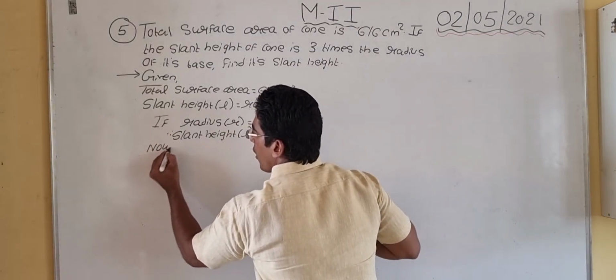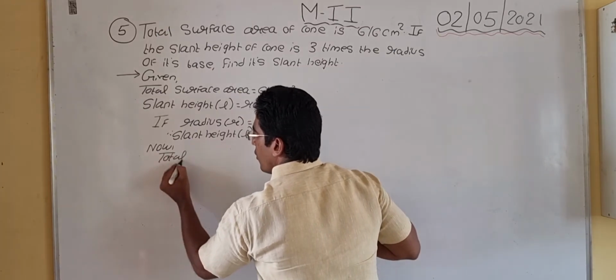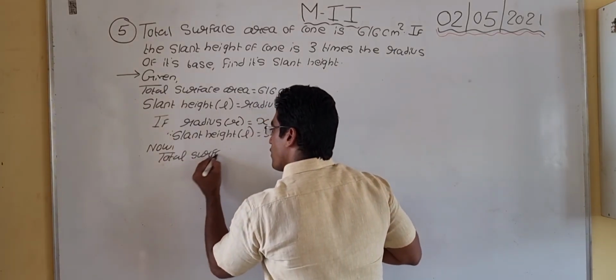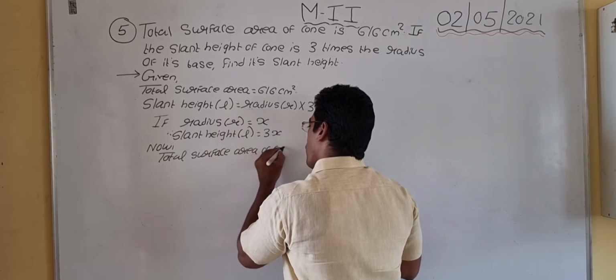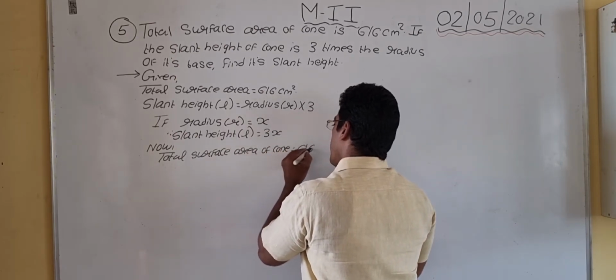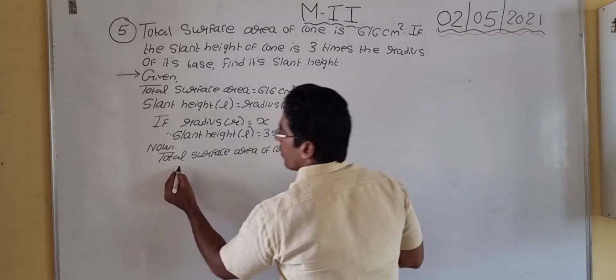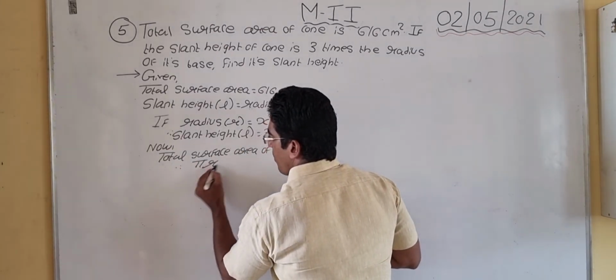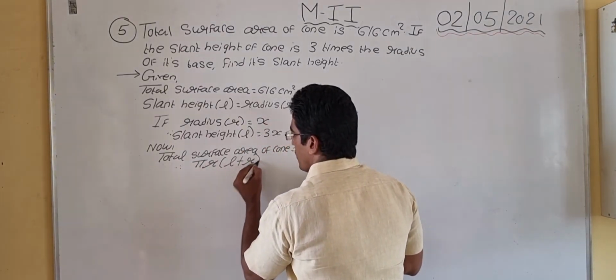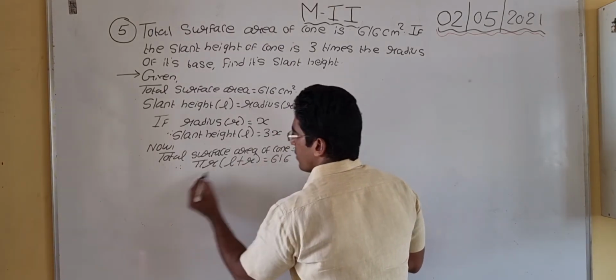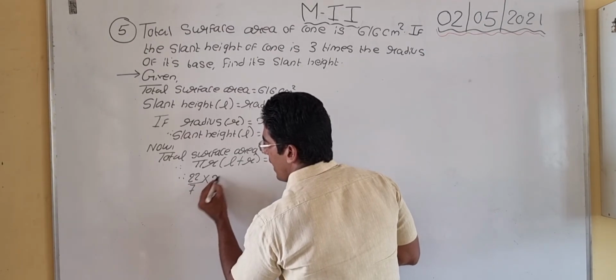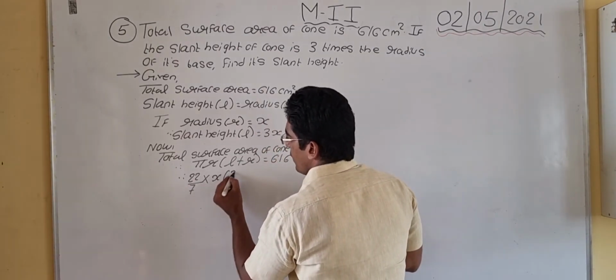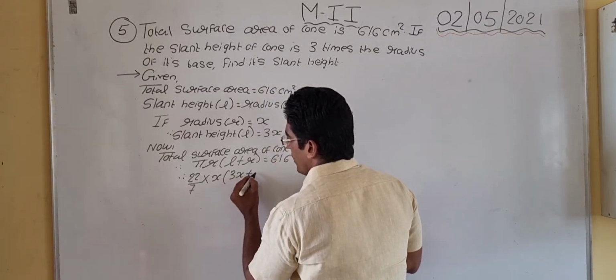Now total surface area of cone is 616 centimeter square. What is the formula? Pi r into L plus r is equal to 616. 22 upon 7. What is r? X. What is L? 3x. Again, what is r? X.